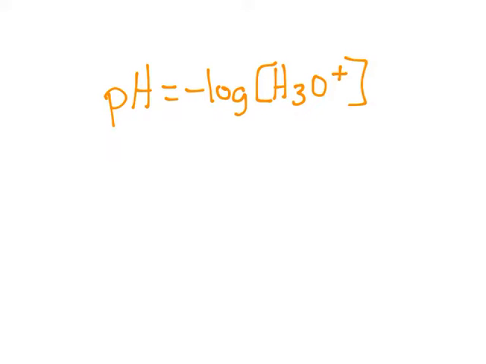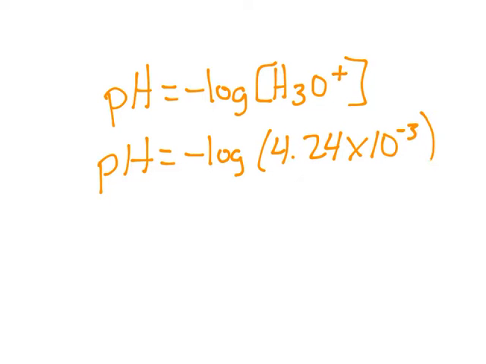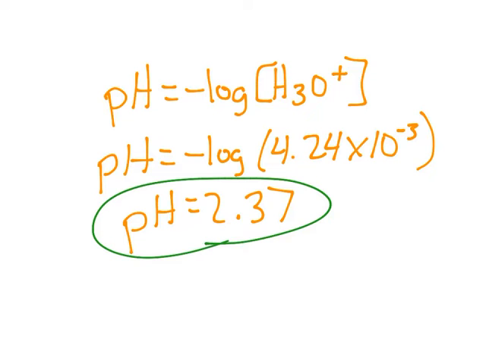So in order to find the pH, you're simply going to take the negative log of the H3O plus concentration, which in this case we just said was 4.24 times 10 to the negative 3rd. So we'll take the negative log of that, and we find that the pH is 2.37, which makes sense. It is an acid, so it should have an acidic pH somewhere less than 7, but it's not going to be a ridiculously low pH because it's not a ridiculously strong acid. It's in fact a weak acid.